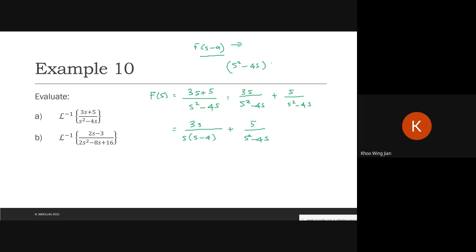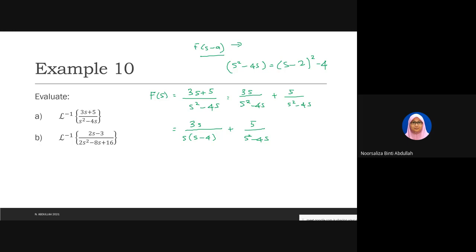So you have (S minus 2) squared minus 4.